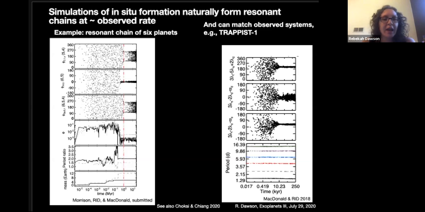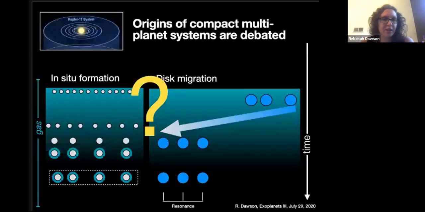We've also been looking at matching those detailed properties of observed systems like TRAPPIST-1. On the right, we have an example where the planets in the TRAPPIST-1 system are very close to where we see them today and lock into resonance through interacting with the gas disk, but without any extensive migration. So when it comes to resonant systems, the jury is still out.